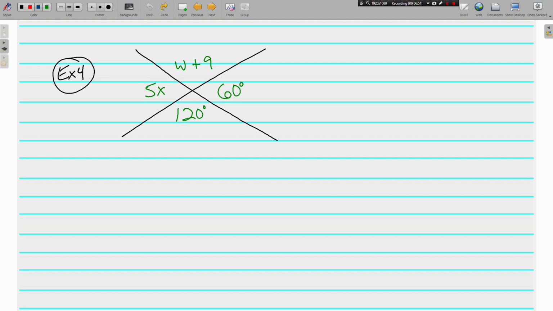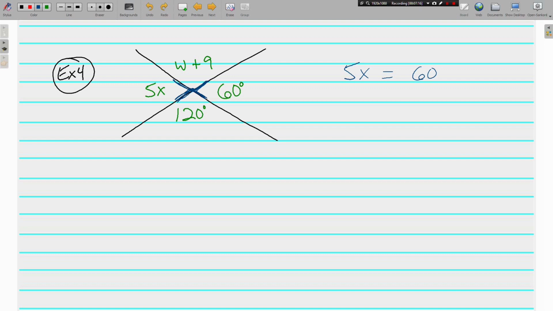I'm going to say that 5x is equal to 60. And the reason I'm doing that is because they are what kinds of angles? They share a vertex, but not a ray. They make opposite v's. They are vertical angles.